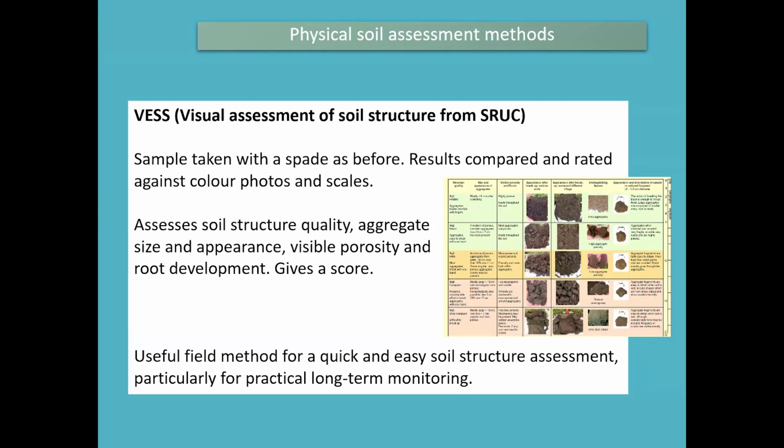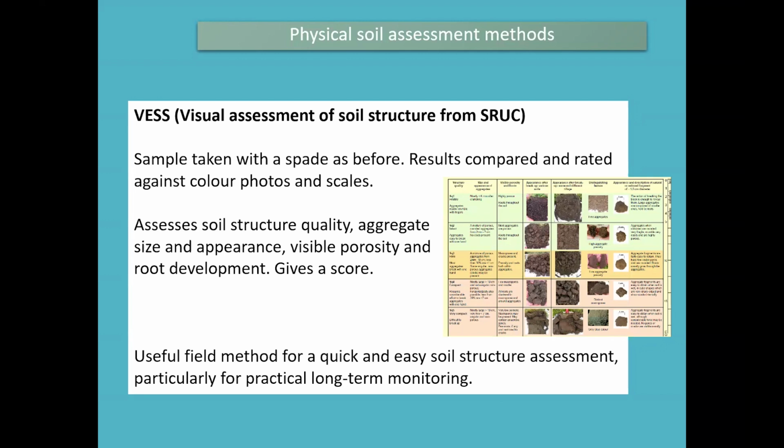So physical assessment methods, the best one I know by far was developed by Bruce Ball at SAC. You just take a big spade full of soil, cut round 3 sides of a spade, and then the 4th side, and ease a spade full of soil out and dump it into a tray or onto a tarp.